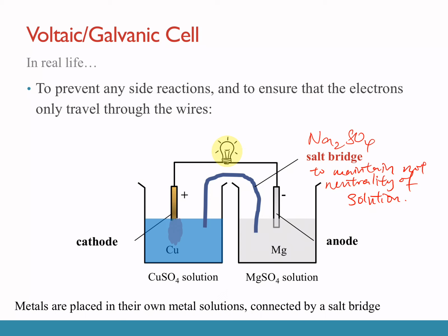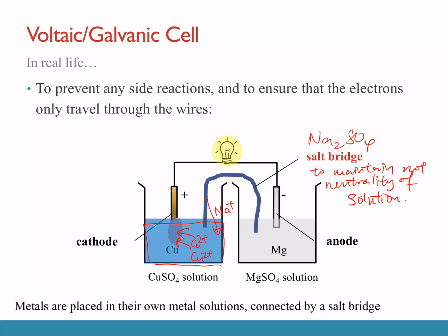What happens here is because a lot of Cu2+ is being used up, this side starts to become more and more saturated in sulfate ions, and becomes increasingly negatively charged. So your sodium cation will move in to balance out the charge on the solution.